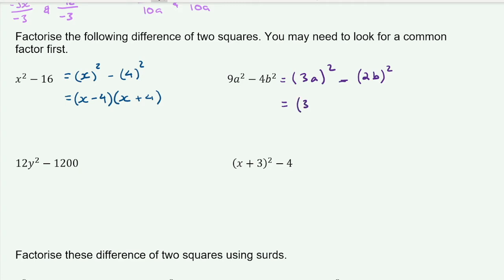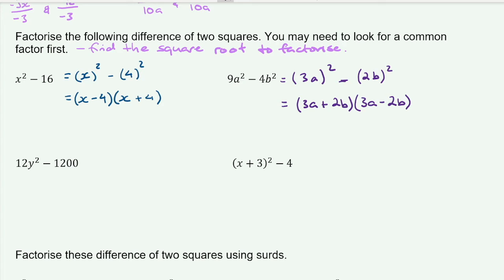We want 3a plus this time, and then we do the minus version. So this one's that little bit trickier because we're finding the square root to factorize.